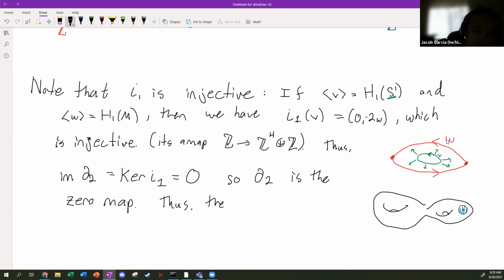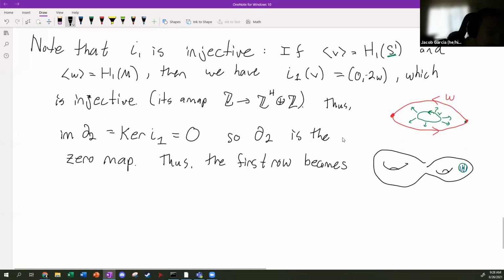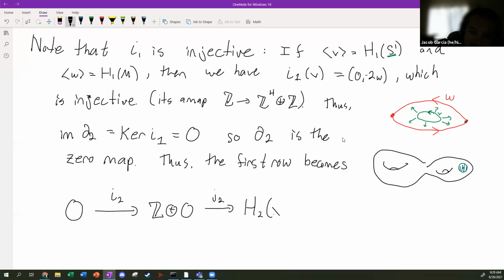Thus, the first row becomes 0 maps by I2 into Z direct sum 0 by J2 into H2 of X via the 0 map, which is D2. So because this is the 0 map, I can put a 0 here.